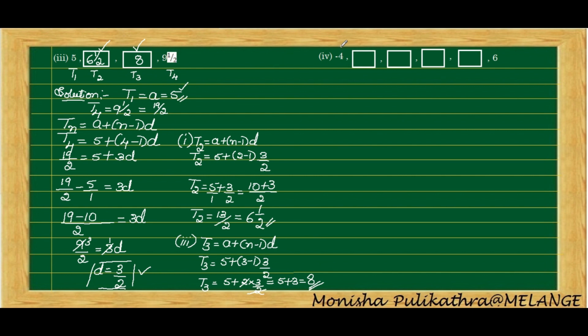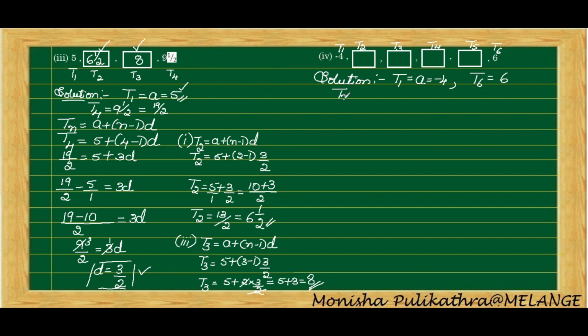Here this is T1, this is T2, T3, T4, T5 and T6. So they have given the T1 value, that is the first term. First term is equal to minus 4 and they have given the sixth term, that is T6 is equal to 6, and the rest of the terms we need to find out.